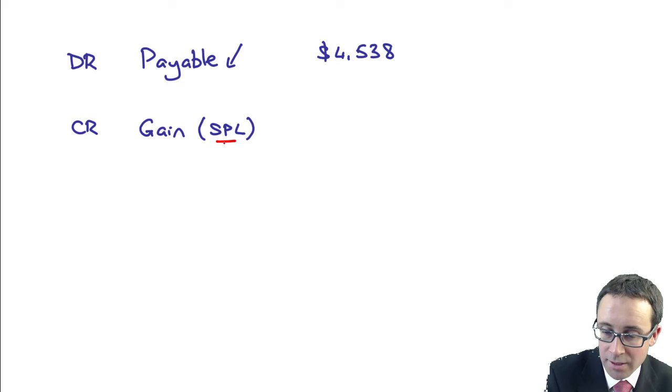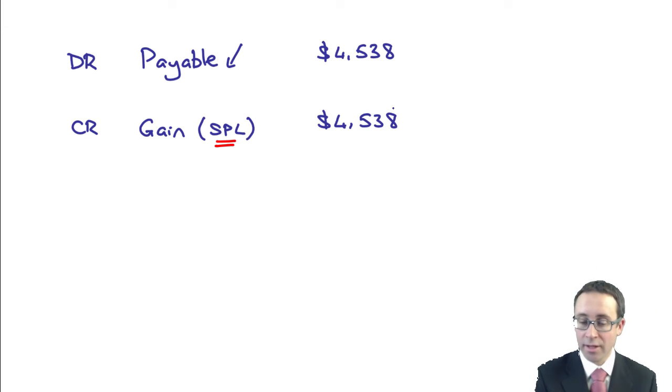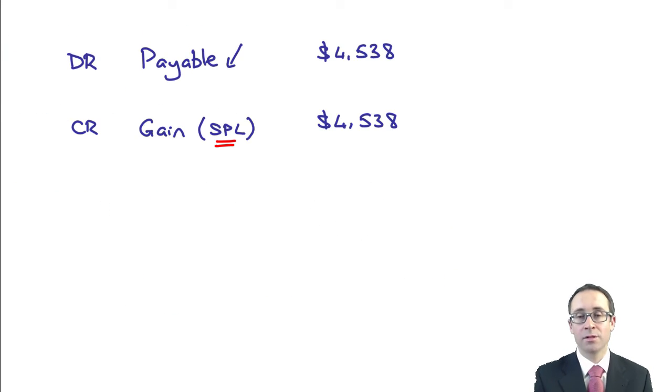Because credits are good in the statement of profit or loss, at 4538. Okay. So on the statement of financial position, I think it's important that you recognize that you have a liability of 93023. And then in the statement of profit or loss, you have a gain. Okay. Again, that could be one of those type of questions with a drop-down list, whereby you have to determine whether it is a gain or a loss at the end of the year and input the journal entry or input the number as well.